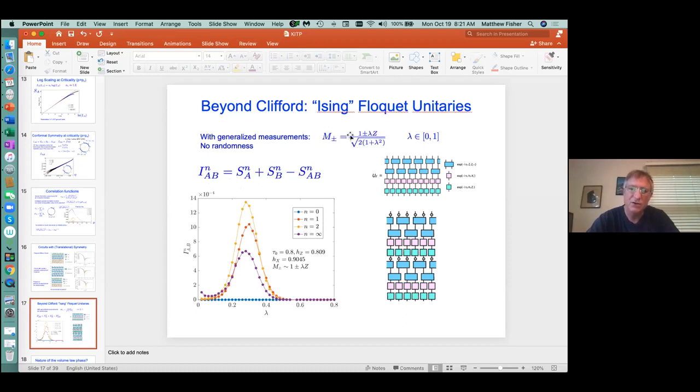And when lambda is 0, no measurement is made. And when lambda is 1, it's a projective measurement. So what's plotted here then is the mutual information as a function of this measurement strength lambda. And one finds a nice peak at a phase transition, the measurement-induced entanglement phase transition. And in this circuit with Floquet unitaries and generalized measurements, the only randomness again that's present is in the measurement outcomes themselves.